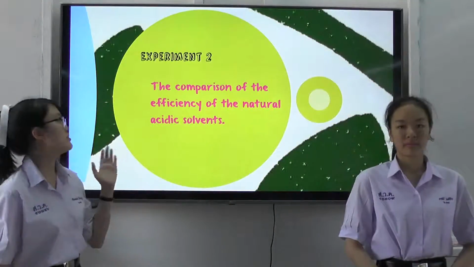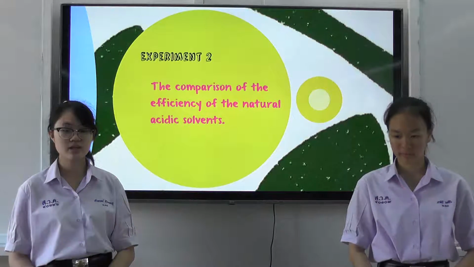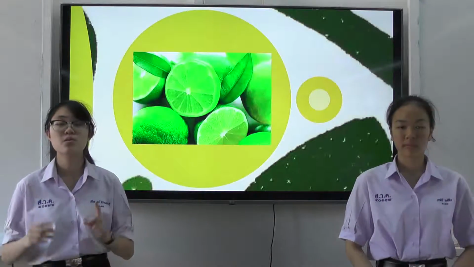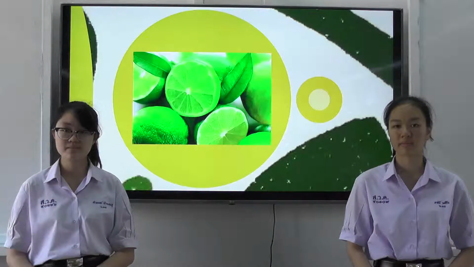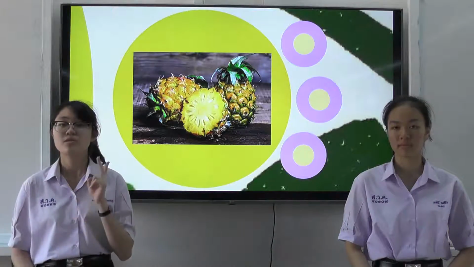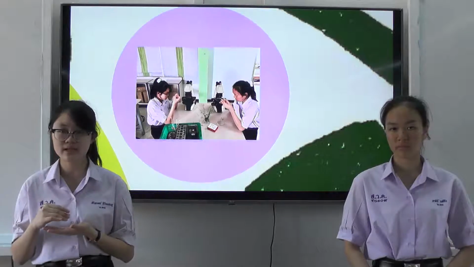And next we move on to experiment 2, which is the comparison of the efficiency of the natural acidic solvents. 1, we squeeze the acid from plants: citric acid from limes, and ascorbic acid from pineapples. 2, cross-section little iron beads and mount on the microscope slide.